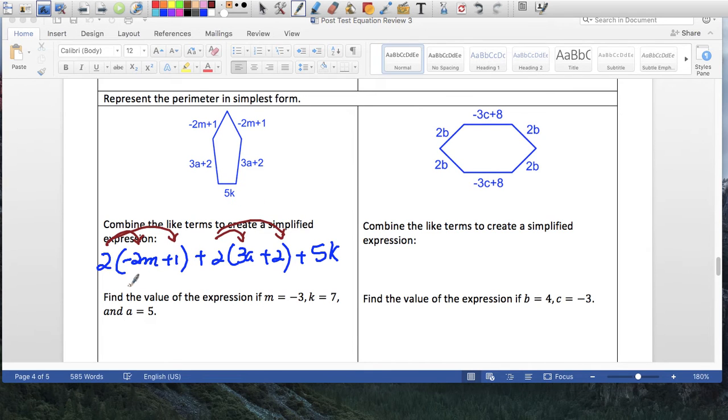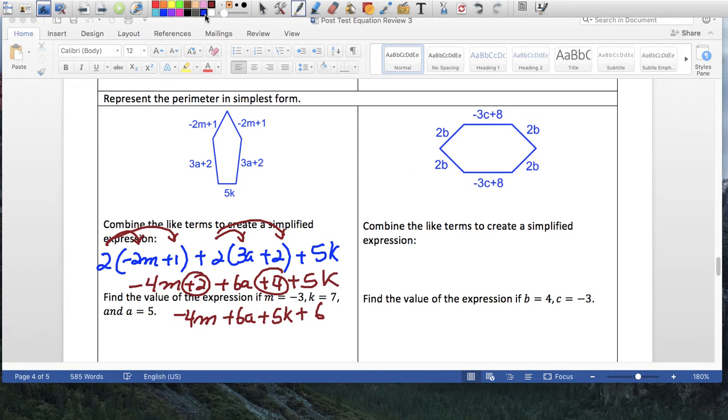So negative 2 times negative 2m is negative 4m, plus 2, plus 6a, plus 4, plus 5k. I can simplify two things. This negative 4m doesn't simplify with anyone, but I can combine the 2 and the 4. So I'm just going to write negative 4m first, plus 6a, plus 5k, and then I'm going to put my two constants at the end. 2 plus 4 is 6. So that's one point.